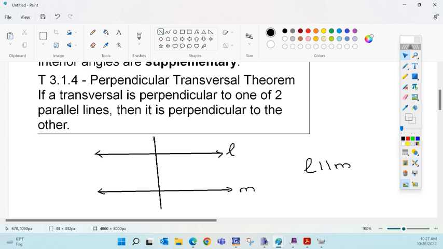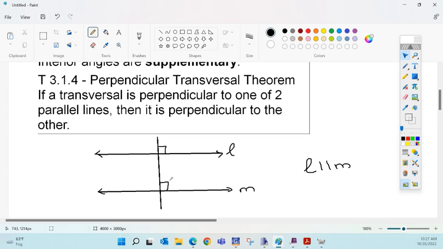What does perpendicular mean? No, it's not perpendicular. No. There we go. Perpendicular. So what does perpendicular mean? Yep. Has a 90-degree angle. So if there's a 90-degree angle here, that means that there is a 90-degree angle here. But guess what?